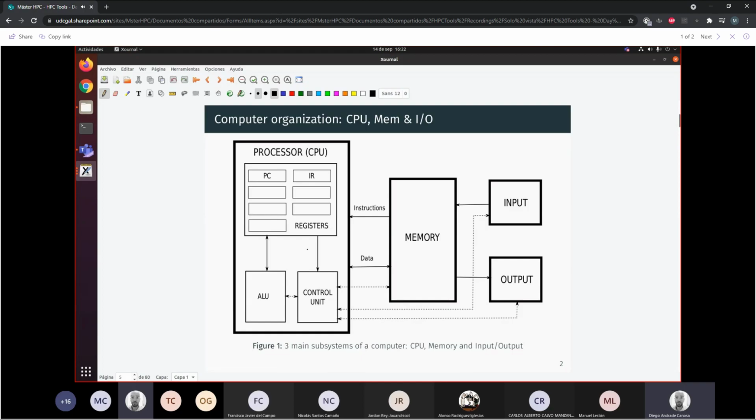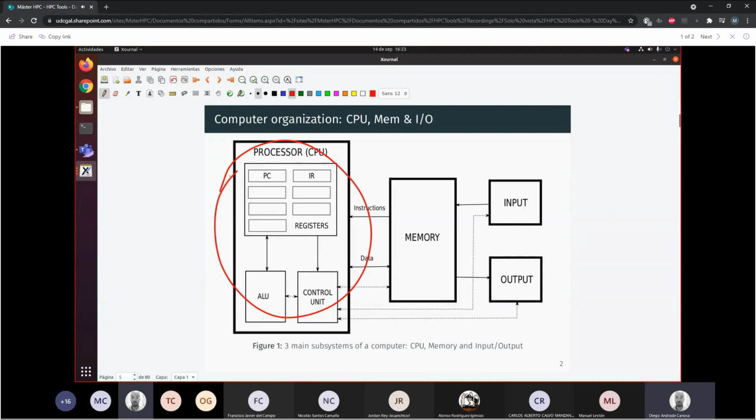This part here is the processor, or the CPU, the central processing unit. The main purpose of the CPU or the processor is to execute instructions on data. In order to do this, we need, on one side, registers.